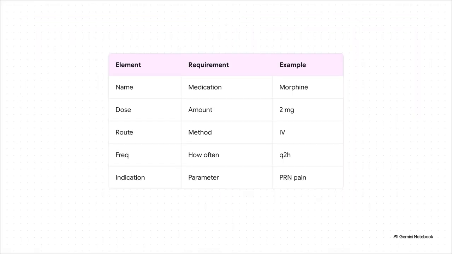When it comes to medications, an ambiguous order is a dangerous order. Just writing morphine 2 milligrams IV PRN leaves way too much open for dangerous misinterpretation. You have to include the specific frequency, like every 2 hours, and the exact indications, such as for mild pain. This establishes a rock-solid, safe framework for the nurses who are actually administering it.